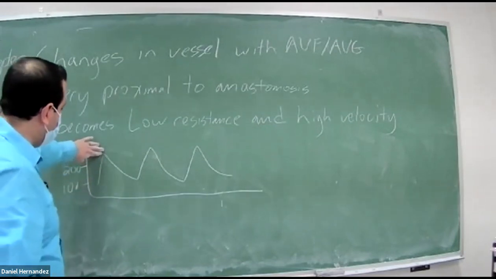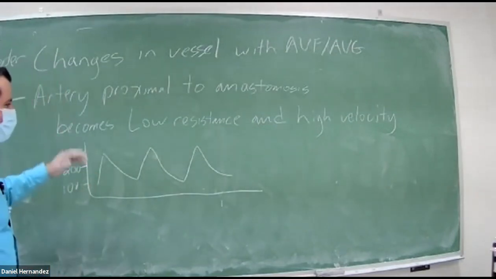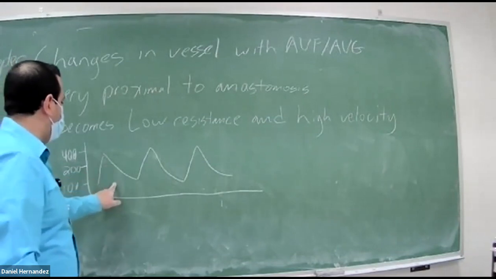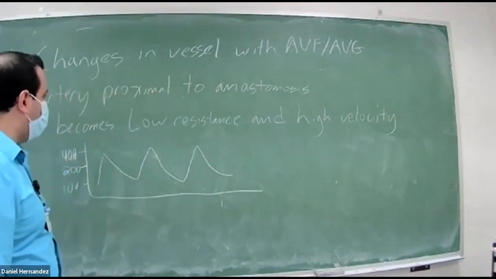So you're going to have very fast velocities, like I just put 400, I'm just making up a number. So you're going to have high velocities and a large diastolic component.